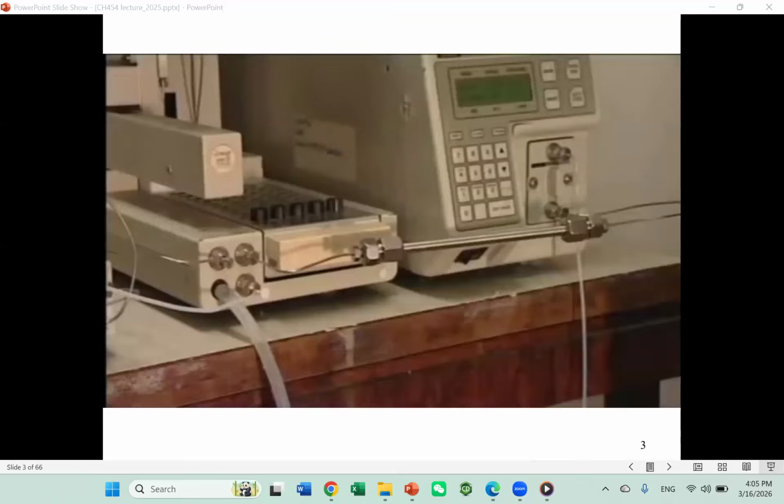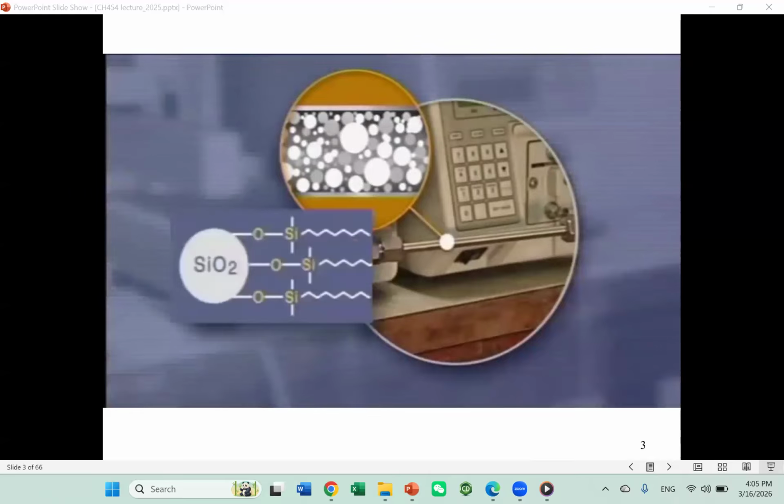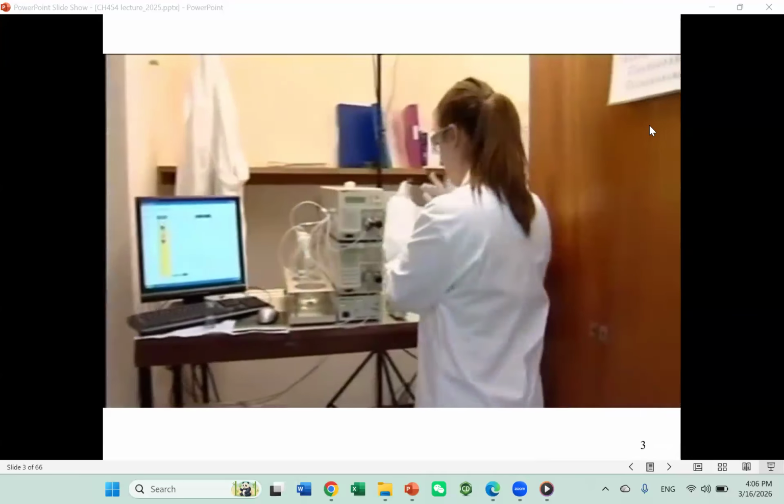The column chosen is packed with a non-polar solid. The tails of the molecules represent hydrocarbon chains, C8H17. Having chosen the solvents, detector wavelength, and flow rate, a single sample is run by injecting about 20 microliters into the injection port.